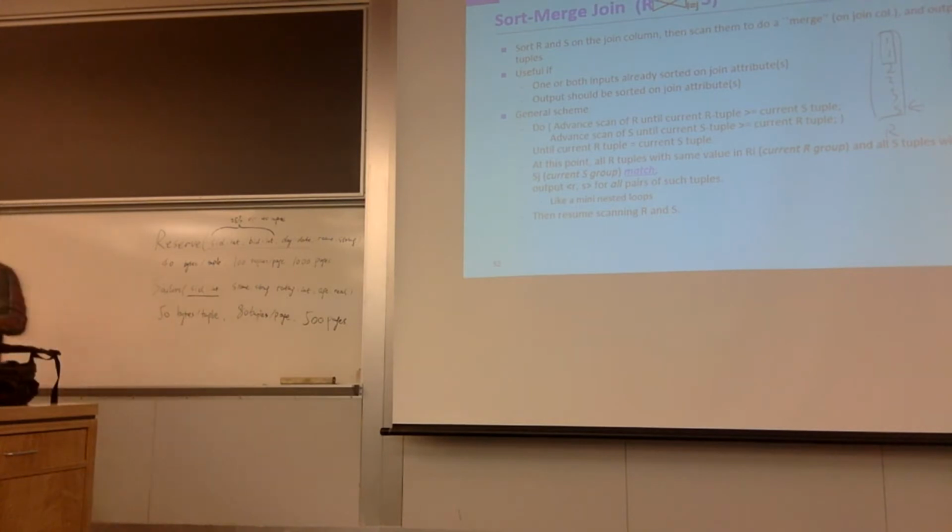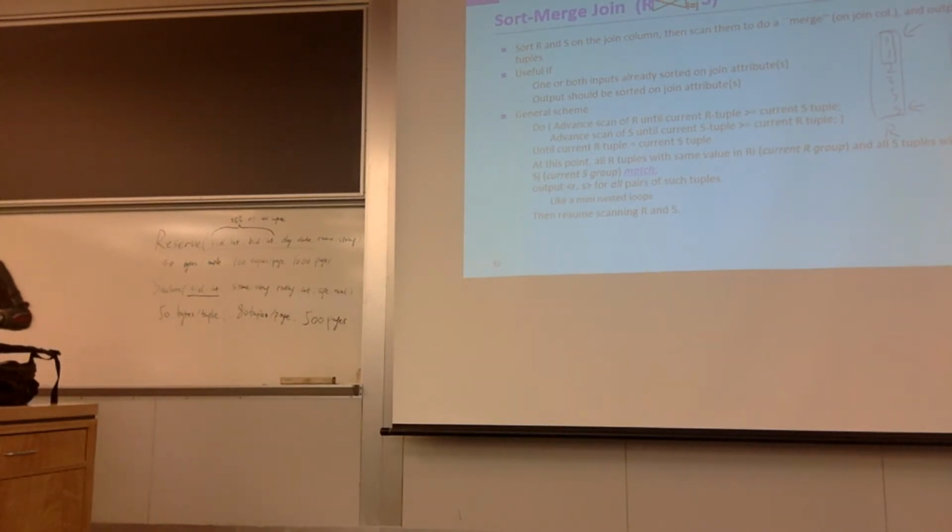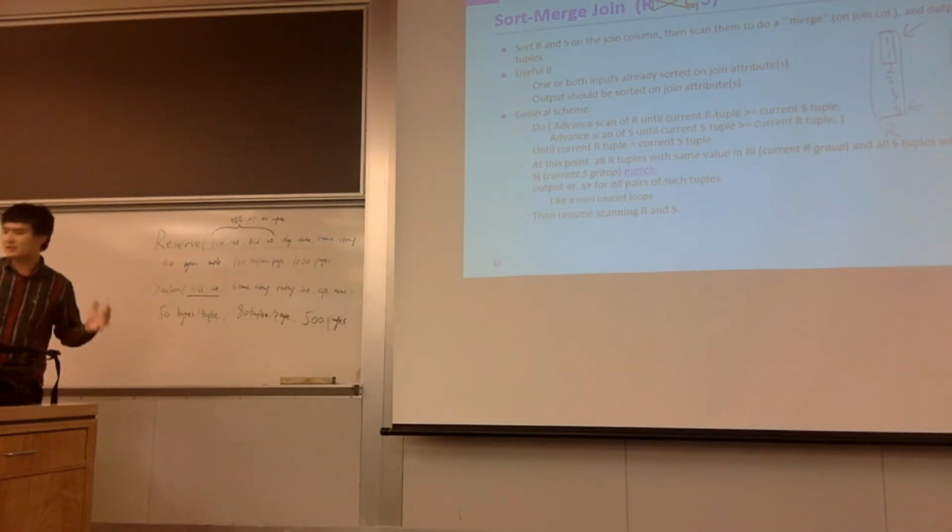The general scheme looks like this. If you have two sorted runs, R and S, you have two pointers initially at the beginning. The relation on the left is called the outer relation. It's the same analogy to the outer relation in nested loop.